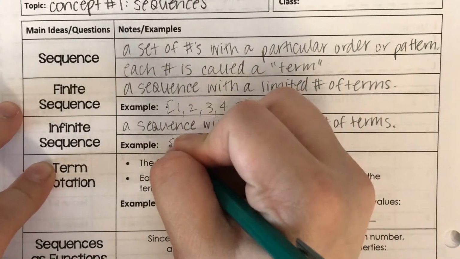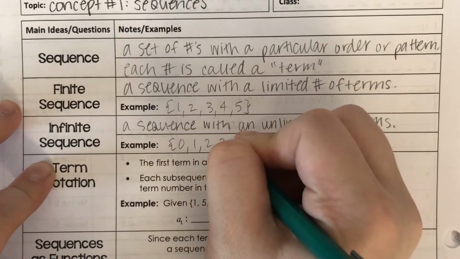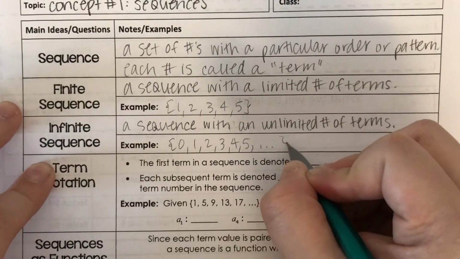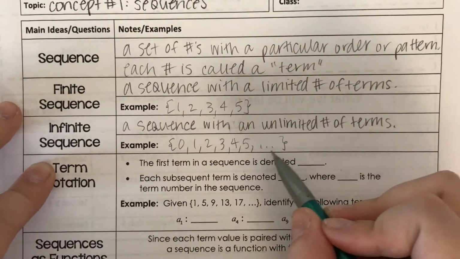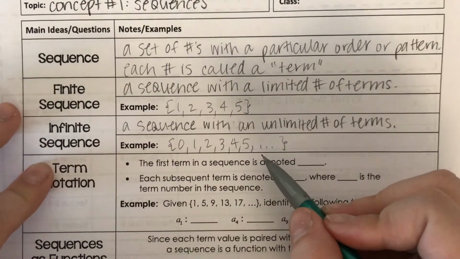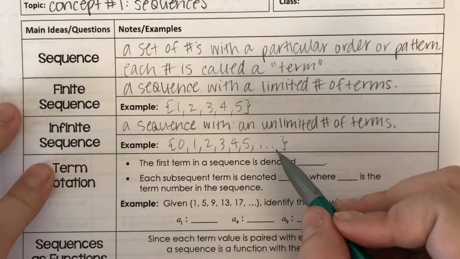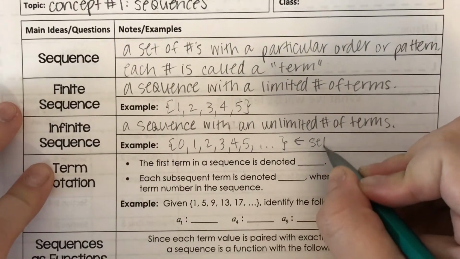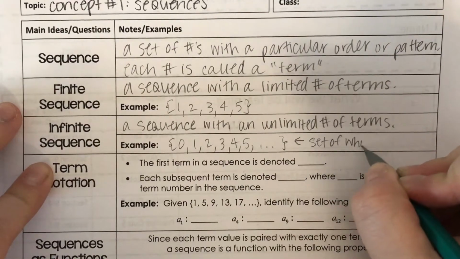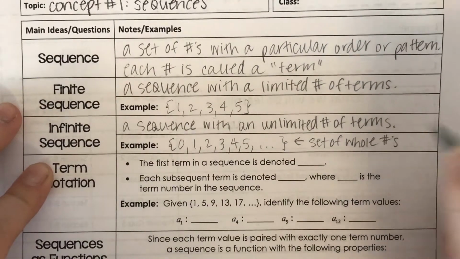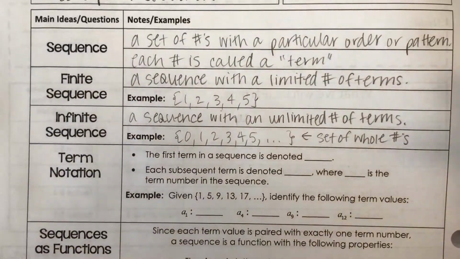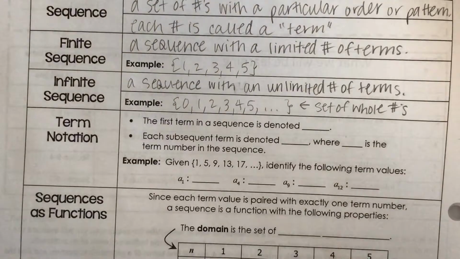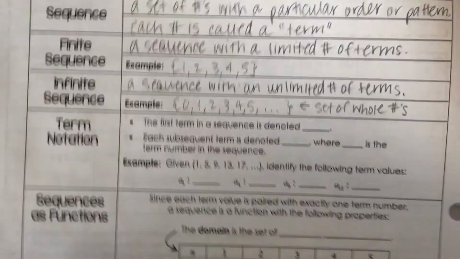So here's an example. 0, 1, 2, 3, 4, 5, dot, dot, dot. Here's how you know that it's infinite. If there's an ellipsis, which signifies to you that it keeps going on and on forever. So in this example, this is the set of all the whole numbers. Whole numbers go on and on forever. They don't stop.